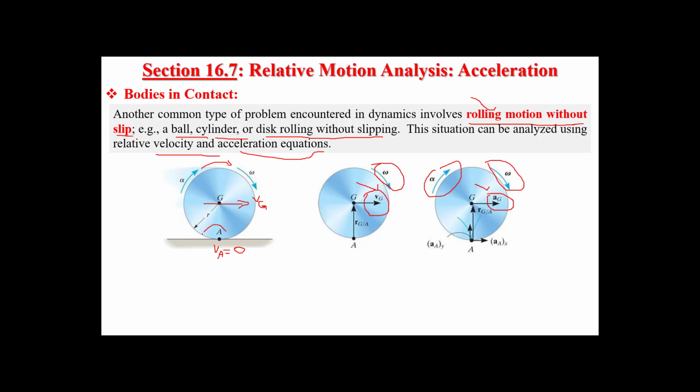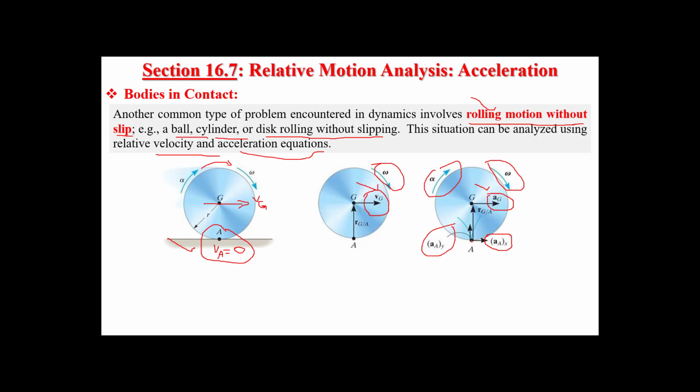Now the point in contact with the ground has zero velocity, an instantaneous zero velocity, but regarding acceleration, that doesn't apply. So what happens in the acceleration? Any point on the circumference will have tangential and normal components.